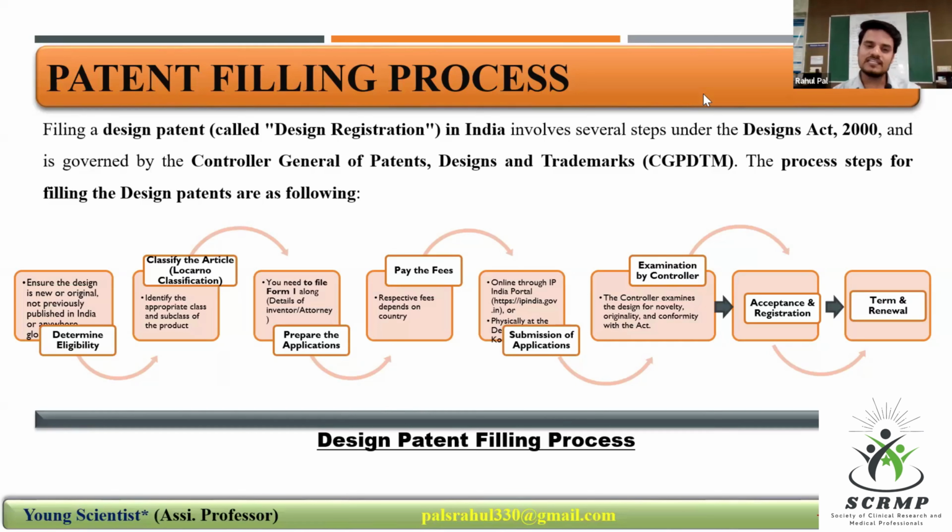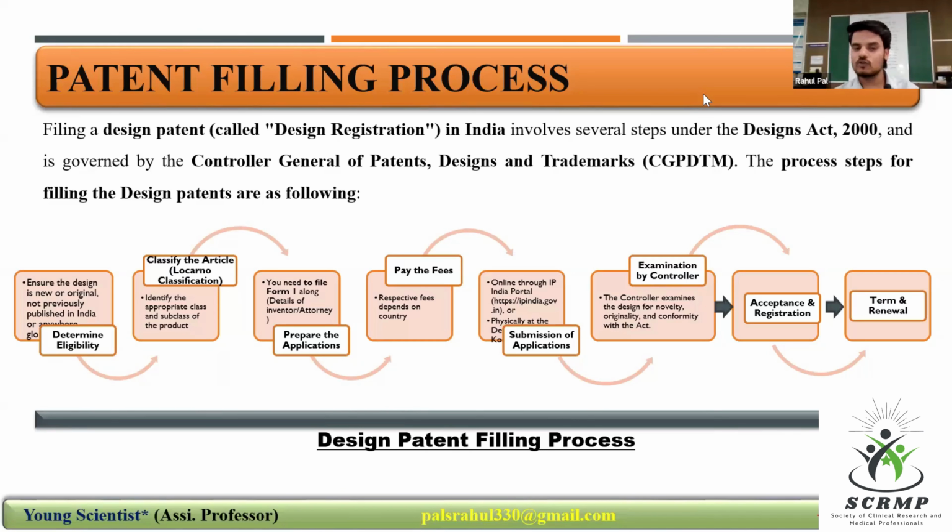If this work is already granted by the IPR and you just modify it as per your knowledge or skill and say this is my work, and I'm filing the design patent, then in the IPR process there are lots of chances of rejection of the patent, right?